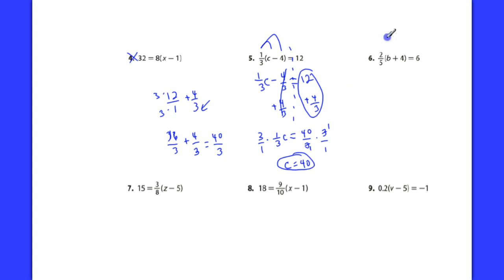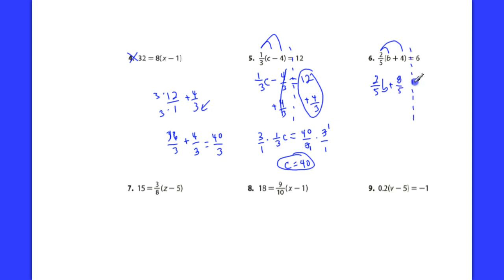Let's try number 6 and see if we can work through that, where we have 2/5 as a problem to work through. We're going to distribute 2/5 times b, 2/5 times 4. That's 2/5 b plus, now 2/5 times 4, 4 times 2 would be 8, and I keep that denominator the same.